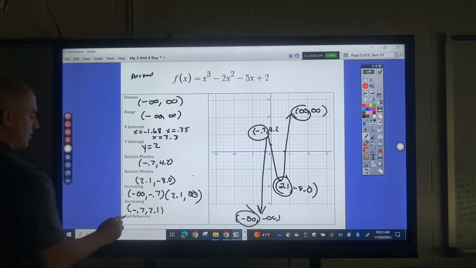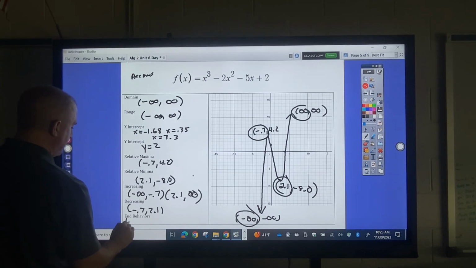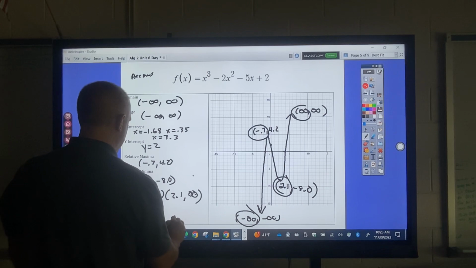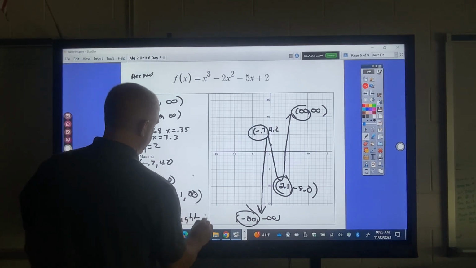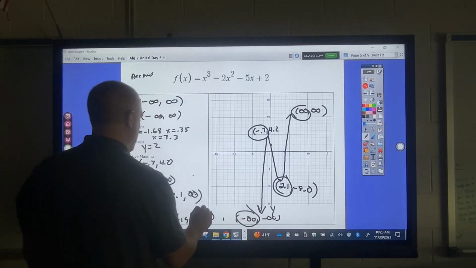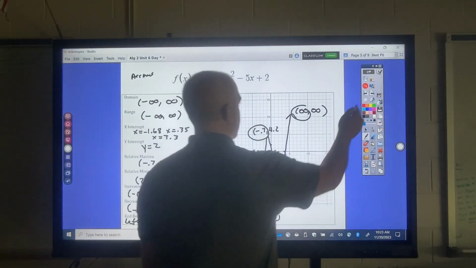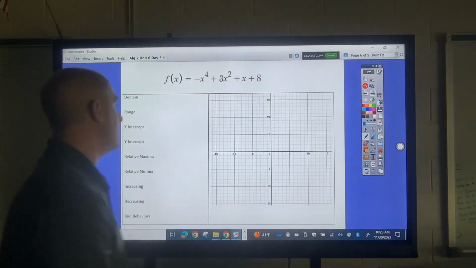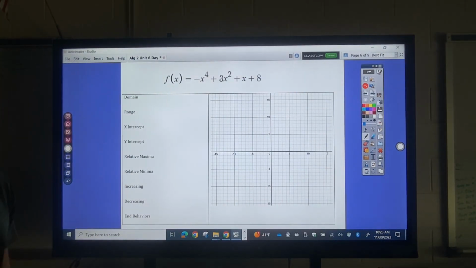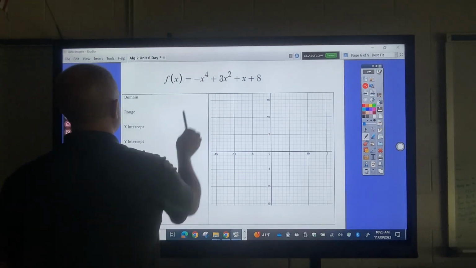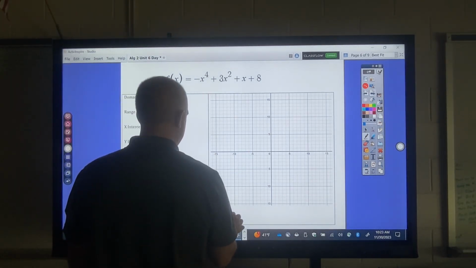The end behaviors, okay? The left end behavior is negative infinity. That's the y value. The right end behavior is positive infinity. That's the y value. So when we're talking about those, we're talking about the y values. Okay? And as a reminder, you could see them written a little bit differently. Okay? All right? So that is a negative, even deal there.